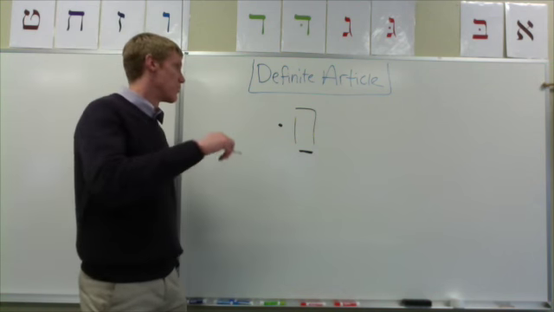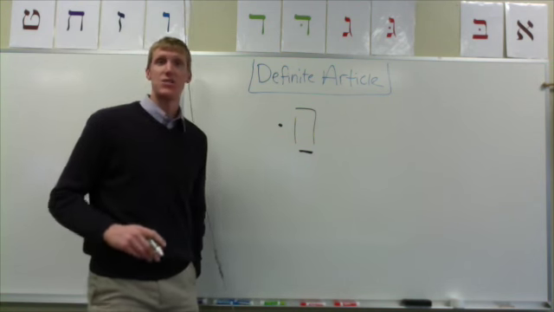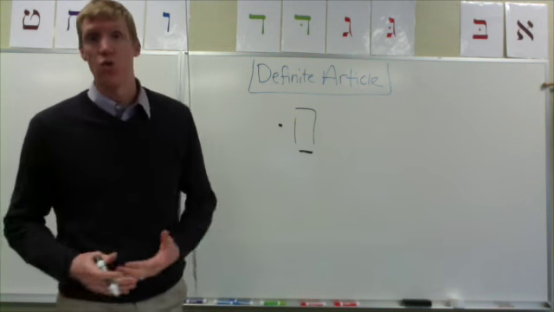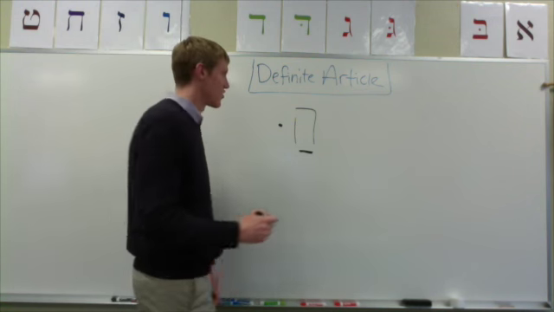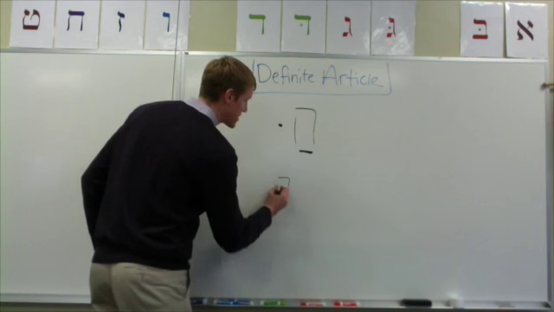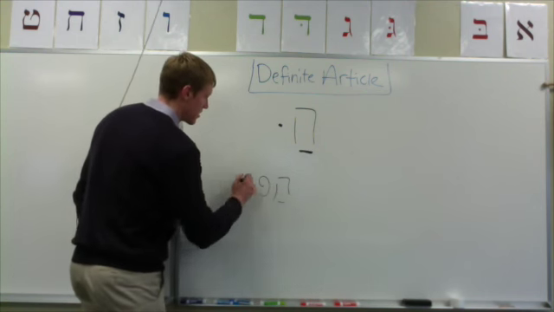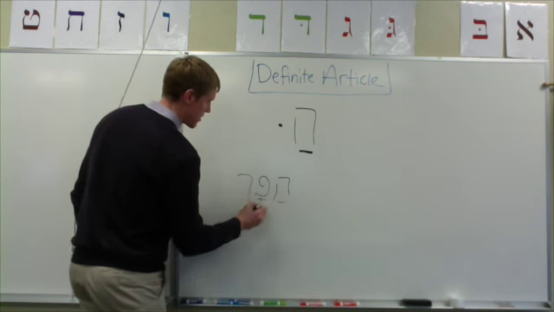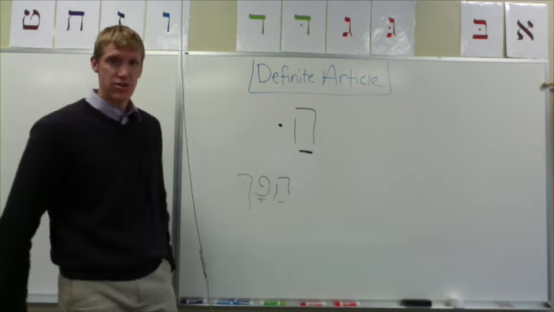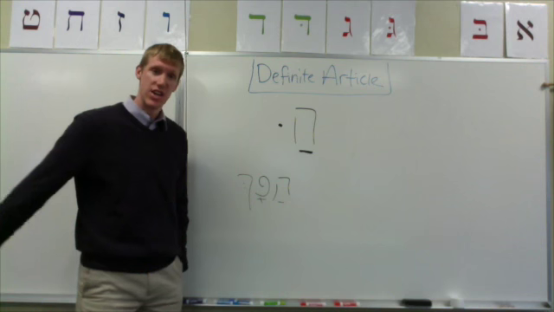Now, it's important to know all three signs because sometimes you may have a word that just starts with He patach, but the next letter doesn't have a dagesh in it.